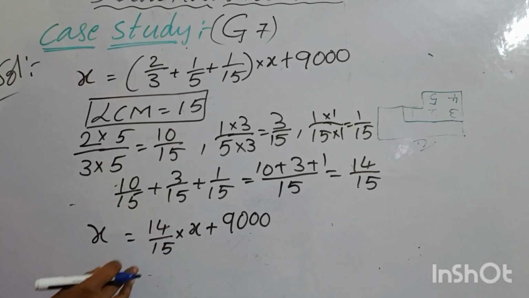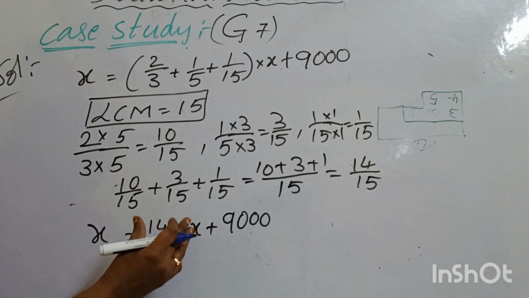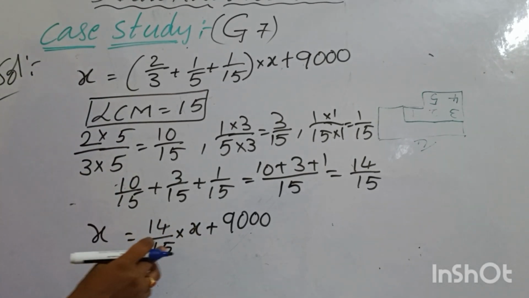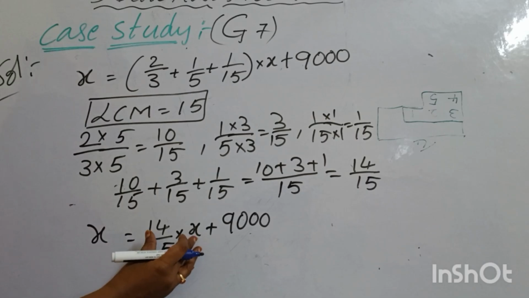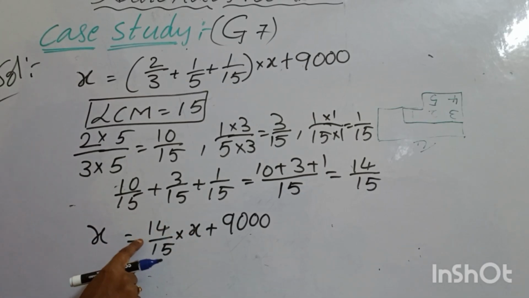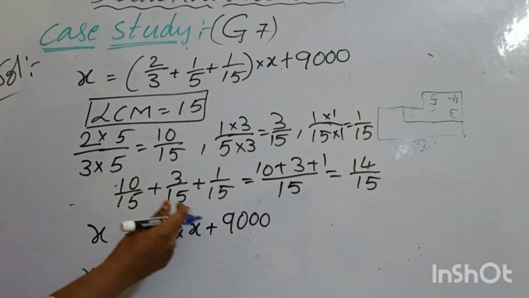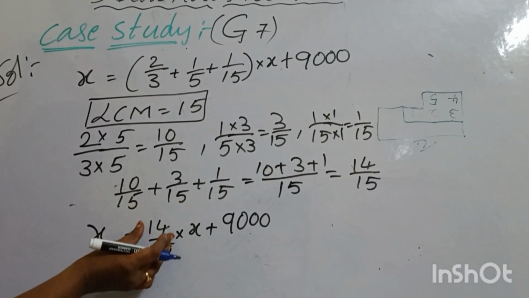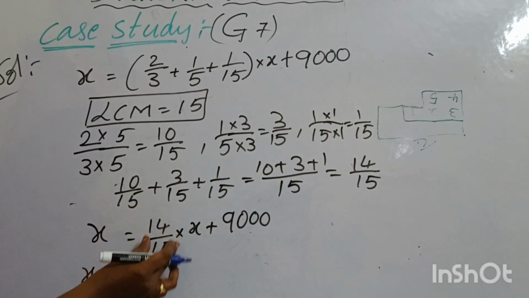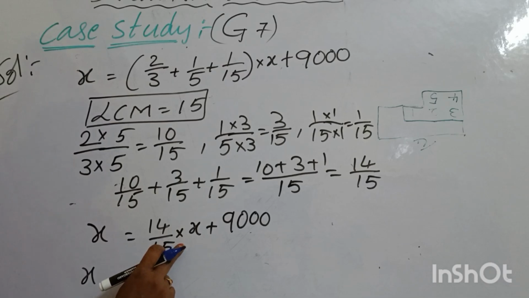This is an X term and this is also an X term, so similar terms we have to put together. That is the reason I am going to transpose this 14 by 15 X to the left hand side. It is under addition, right? I'm taking the whole term, not only this number. If you want to take only the number 14 by 15, you have to check whether it is under addition or multiplication.